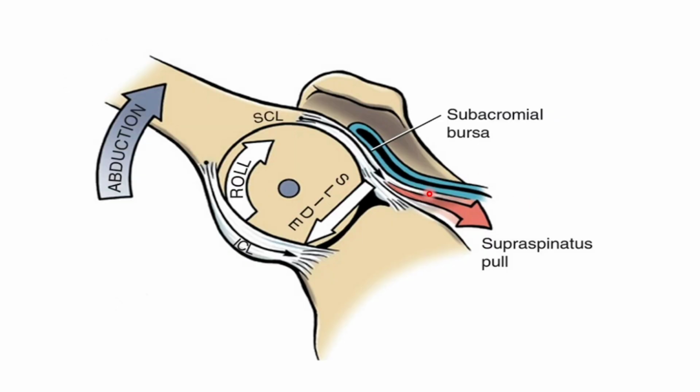This is the arthrokinematics of your right glenohumeral joint during an active abduction. The supraspinatus is shown contracting to direct the superior rolling of your humeral head. The pull of this main muscle, your supraspinatus, is responsible for the superior rolling of your humeral head.